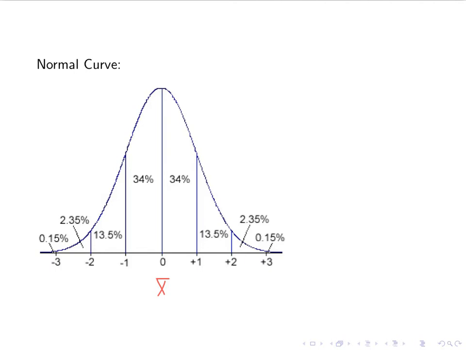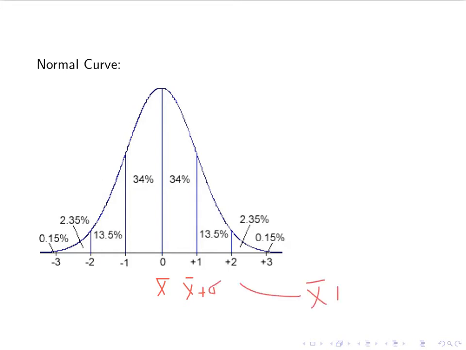So again, the 0 corresponds to x bar, and then the plus 1, plus 2, plus 3 to the right, and the negative 1, negative 2, negative 3 to the left, are telling me how many standard deviations I'm adding to the mean. So the plus 1 means I'm taking the mean and adding 1 standard deviation.